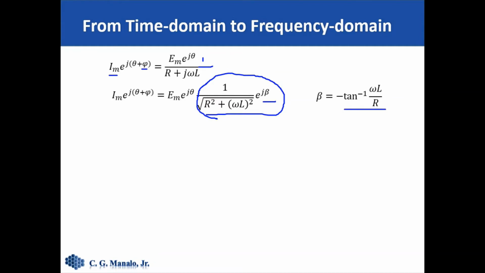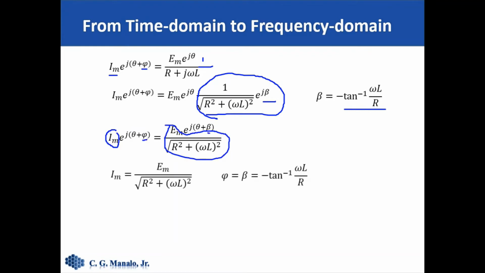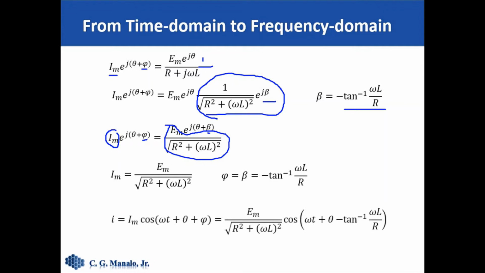I can write this in a more compact manner, like that one, and notice that in order for this equation to be true, I sub m must be equals to this one, and the angle phi must be equals to beta, like that one. So therefore, I can now write our steady state response. So we were able to obtain the solution for the steady state response by applying a complex source.